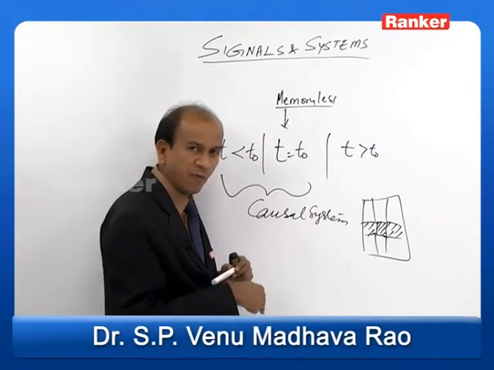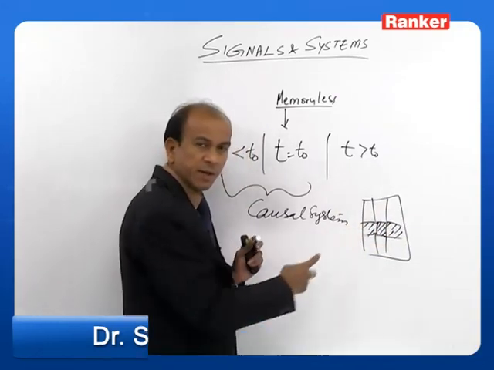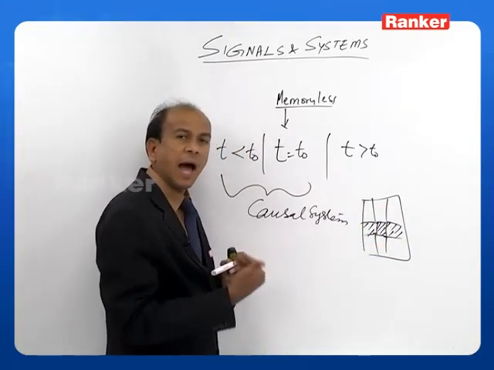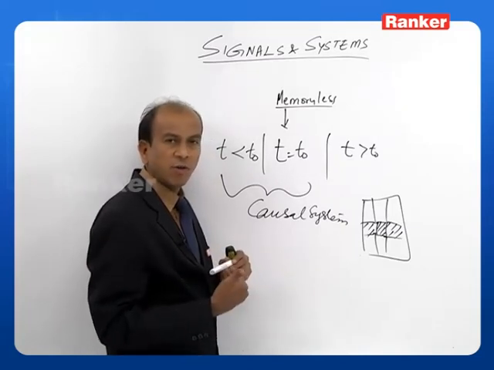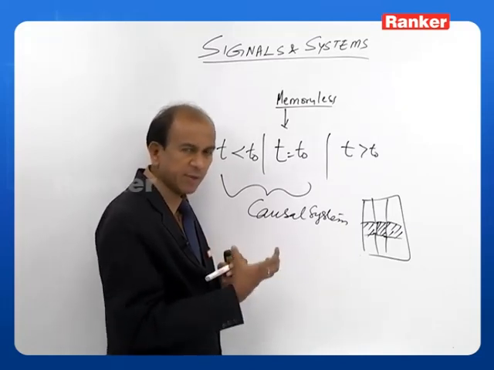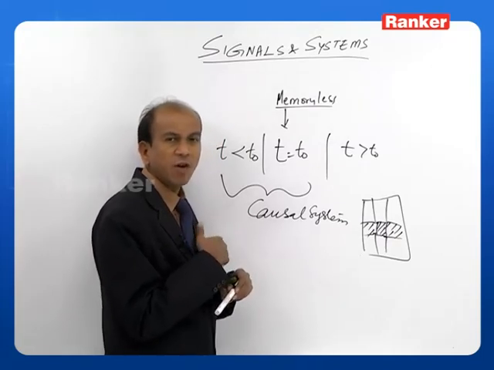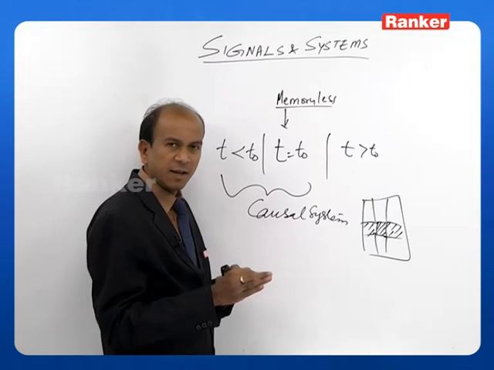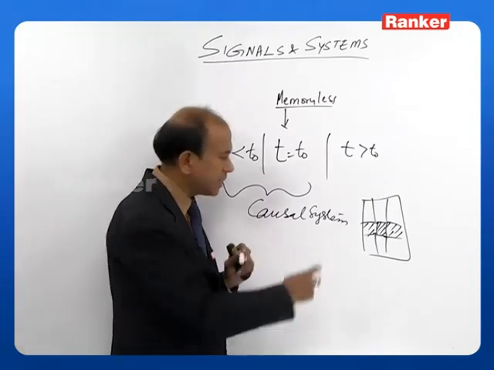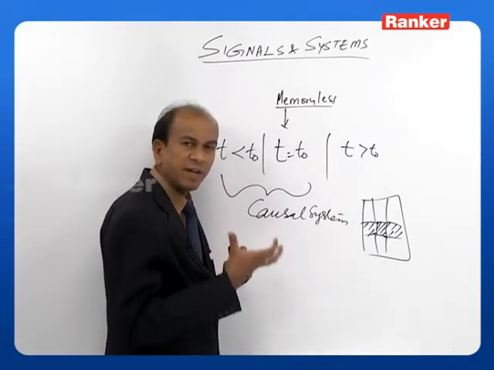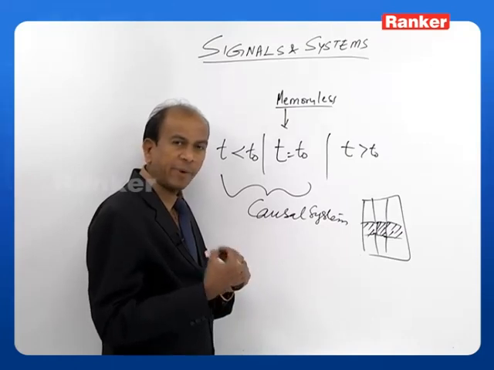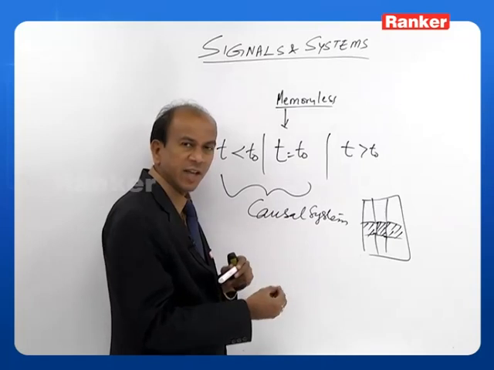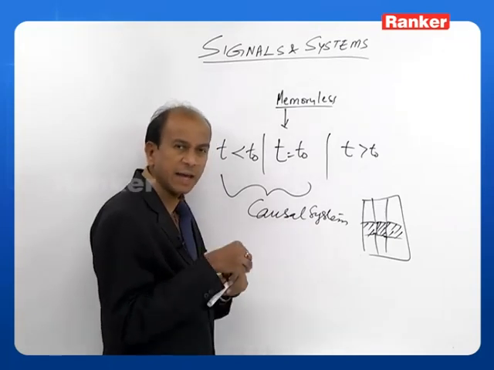So this type of system, which not only depends on the past but also has to depend on the future, is essentially not causal. So the statement that all real time systems are causal holds with certain reservations, in cases like image processing where we do need the future also. Those systems are essentially not causal even though they are real time.